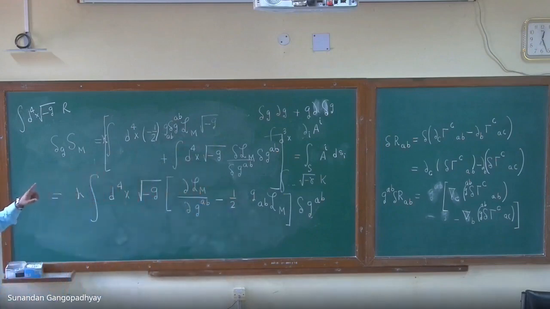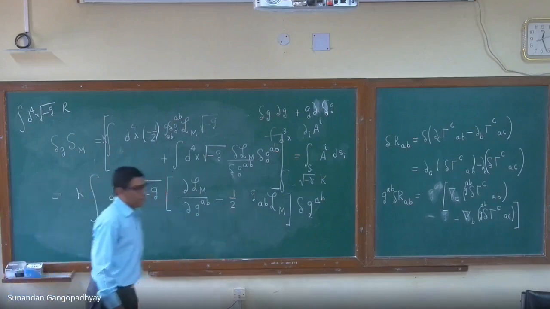There is no extra g there. It's minus half square root minus g g_ab delta g^ab. Okay. So you get this thing.